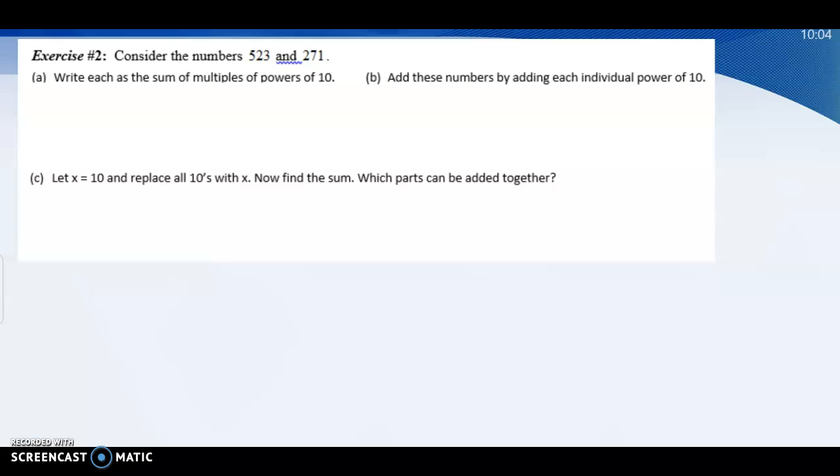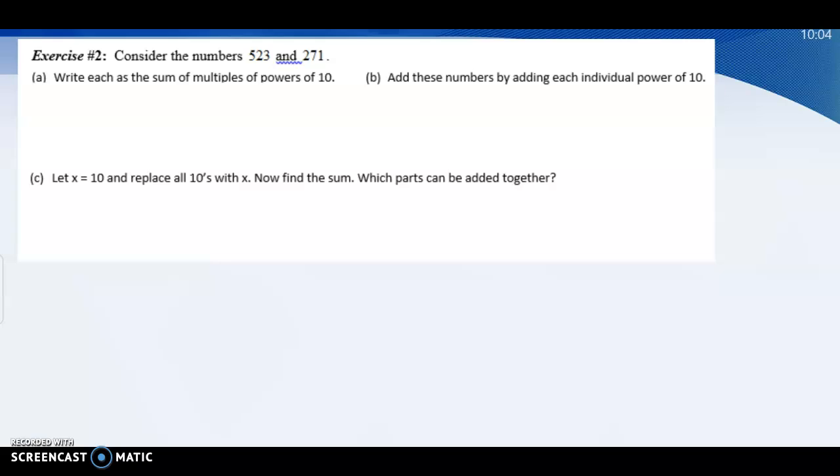So number 2 is just to give you a better understanding of polynomials, why we can add certain terms, and why we don't always add everything together. So think about a number like 523 and 271. We want to write each of these as the sum of multiple powers of 10.